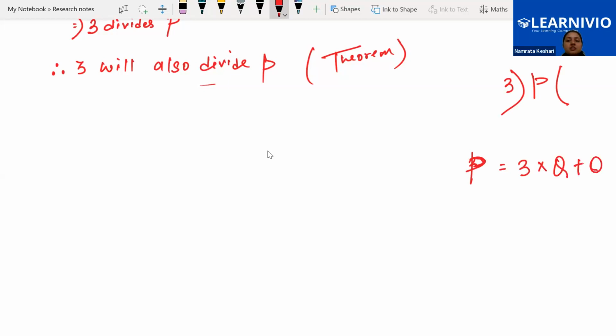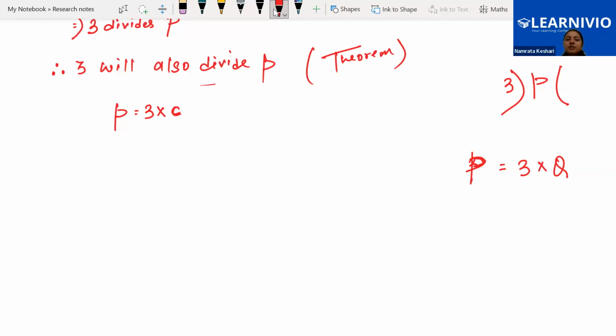That means remainder is 0 because 3 divides P completely. And when it divides P completely, remainder is 0. So we can write from here that P is equal to 3 into quotient. Quotient we can represent by C. Can we? Yes, ma'am.